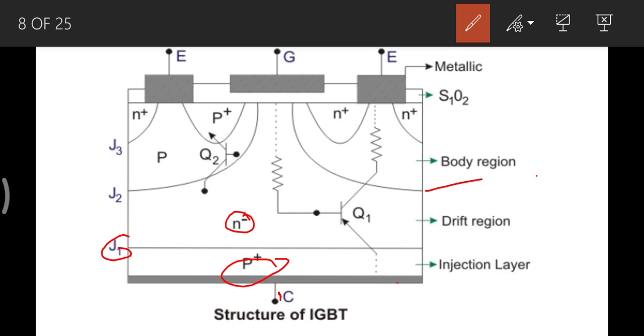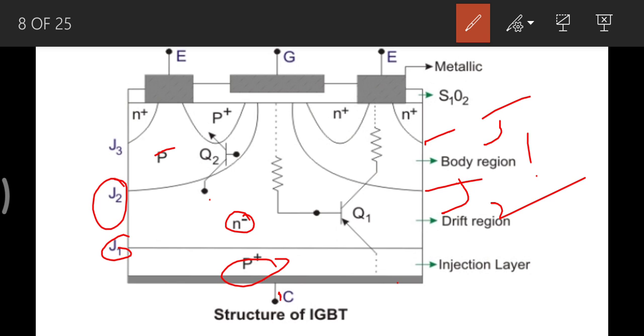Similarly, junction J2 is in between the body region and the drain region. Here it is called junction J2, and this is junction J1. So junction J2 is present in between the body region and drain region. Similarly, J3 is in between the N plus region and P region.